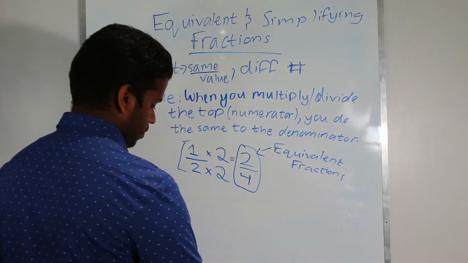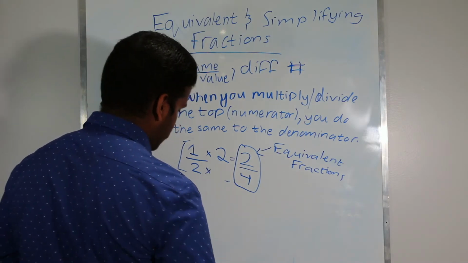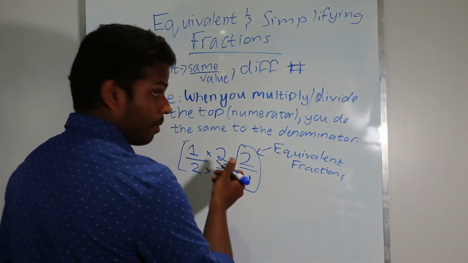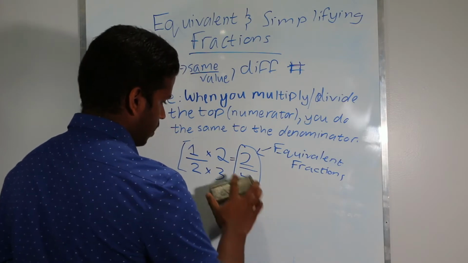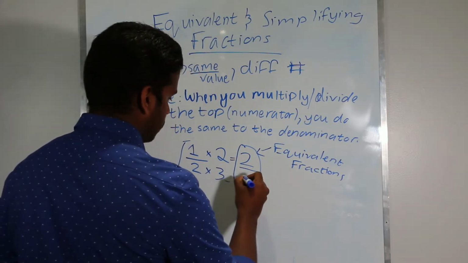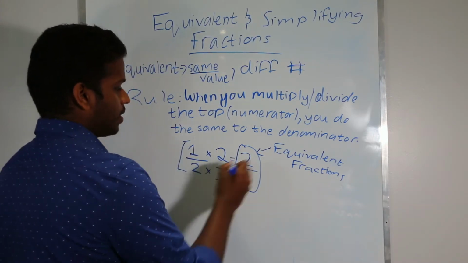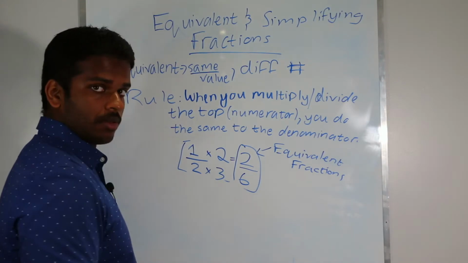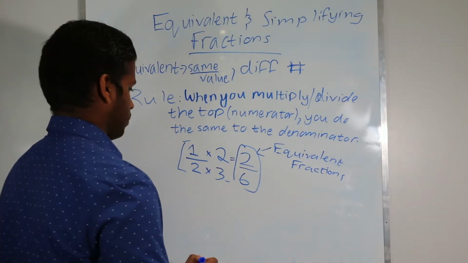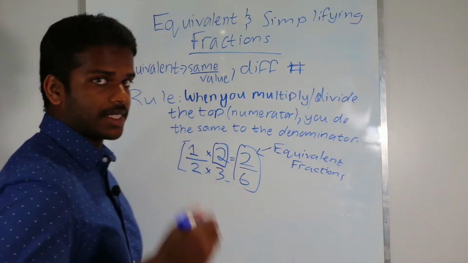And so what if I did this? I multiply the top by 3 on a test or on an assignment, so 2 times 3 is 6. Would you say that half and this are equal? No, they're not equal, because we did not multiply top and bottom by the same number.